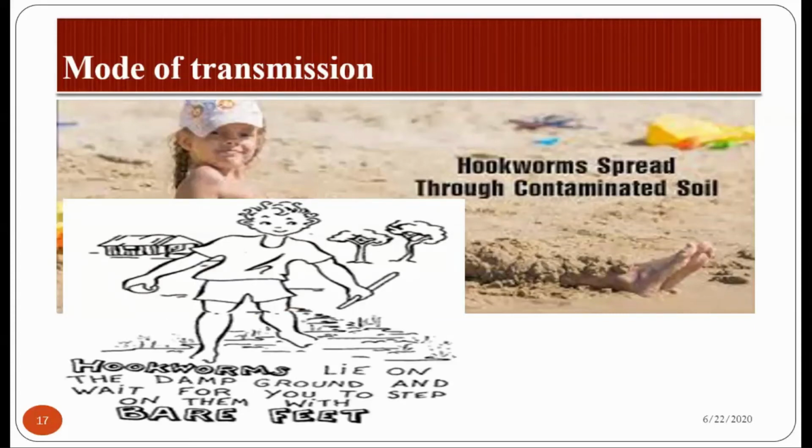The favorable home for these filariform larvae is sandy and loamy soil. In this sandy and loamy soil, these filariform larvae can grow very easily.